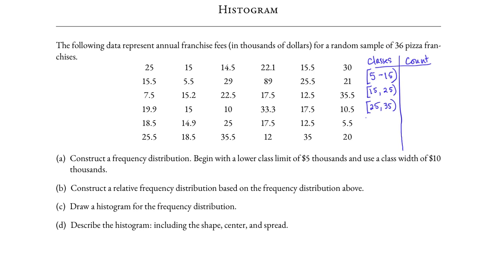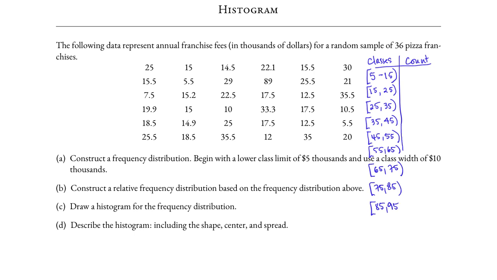And the next class is 35 all the way to 45, and 45 all the way to 55, and then 55 to 65, and then 65 to 75, and then 75 to 85, and then 85 to 95, and so on.